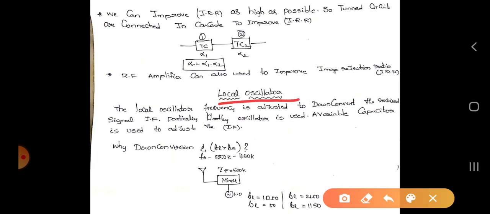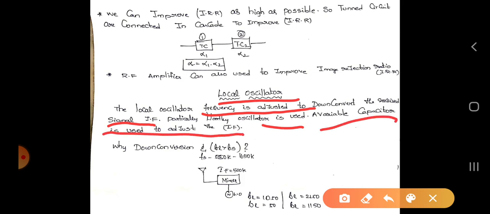Local oscillator. The local oscillator frequency is adjusted to down convert the received signal to the intermediate frequency. Practically, a Hartley oscillator is used. A variable capacitor is used to adjust the intermediate frequency. I have already told you the need of the local oscillator: it is adjusted in order to bring the tuning frequency to the intermediate frequency that is required, that is, the application based frequency.